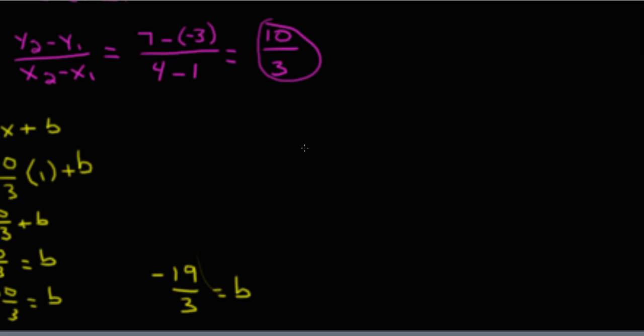So we can come back to our slope-intercept equation and write it out again. We can say y equals mx plus b. And then we can just substitute for the values that we found. y equals 10 thirds x minus 19 thirds.